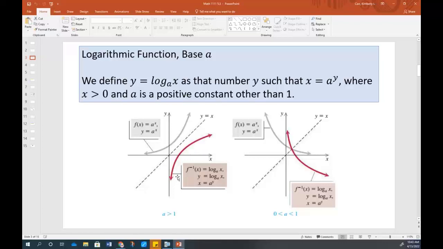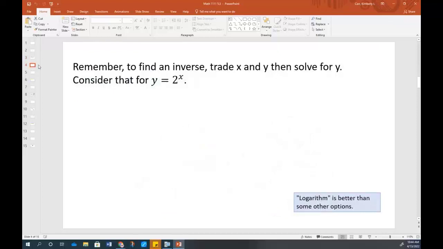However, the easiest way to graph logarithms is not to deal very directly with the logarithm. So I'll show you what I think is the easiest thing going, unless of course you're using your calculator. Whenever we find an inverse, we trade x and y, and then you solve for y.